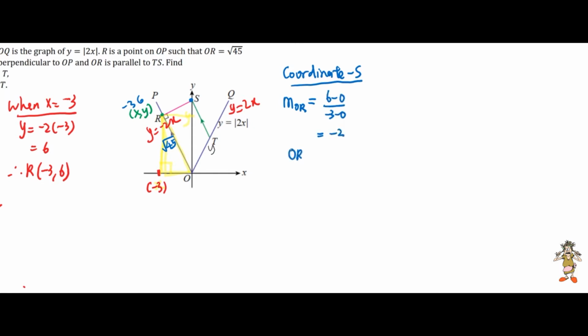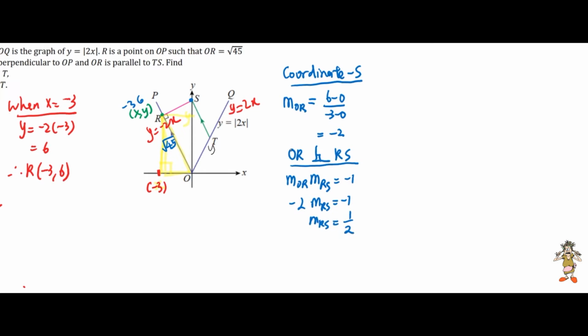Since OR is perpendicular to RS, gradient of OR times gradient of RS is negative 1. So negative 2 times gradient of RS equals negative 1, and the gradient of RS is positive 1 over 2.